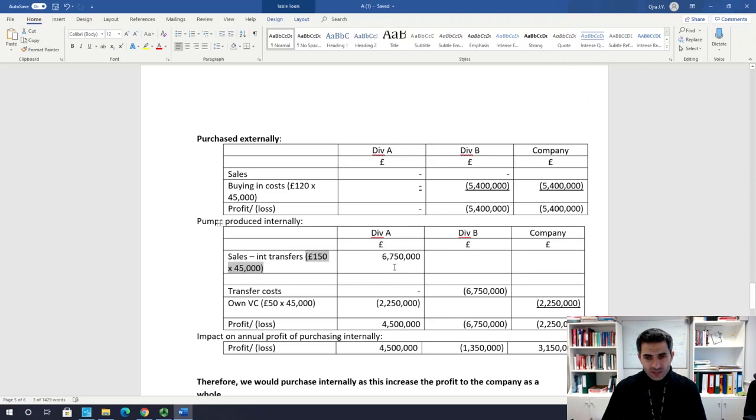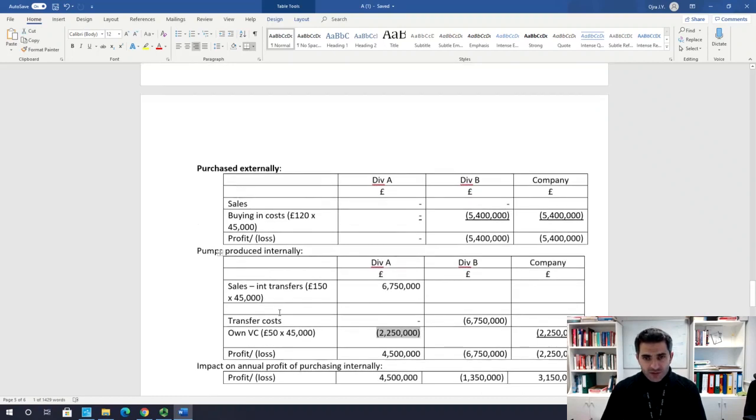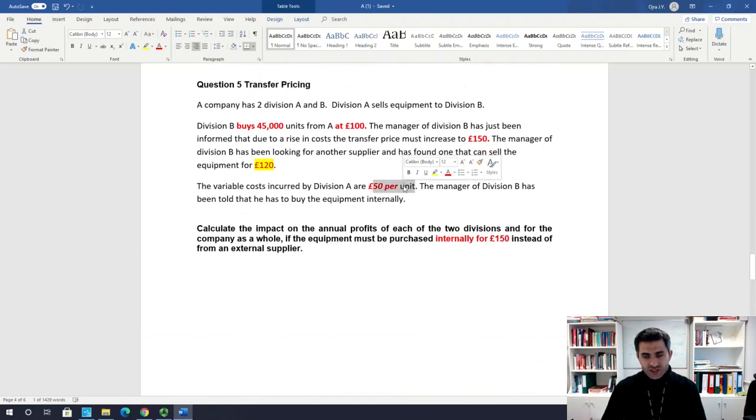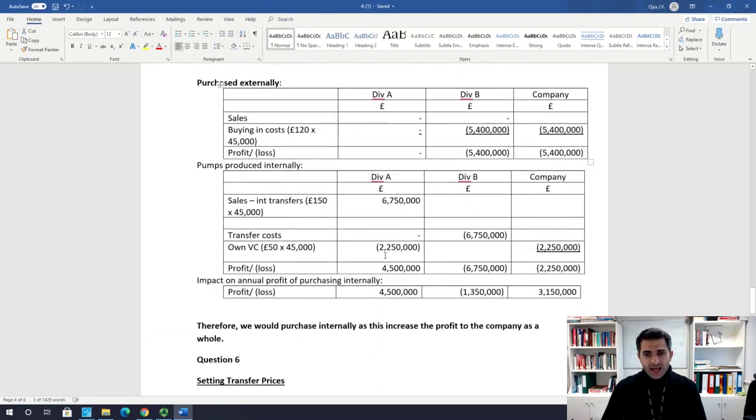This £6,750,000 is the same as the internal cost for B. Also A has its own variable cost, 45,000 units times £50. This is for A, and the profit would be £4,500,000.